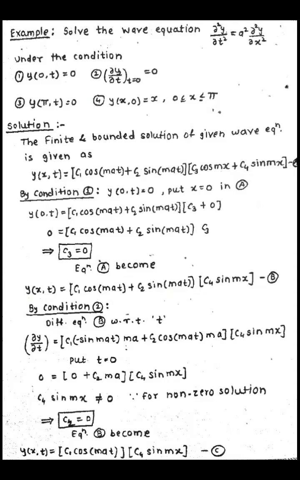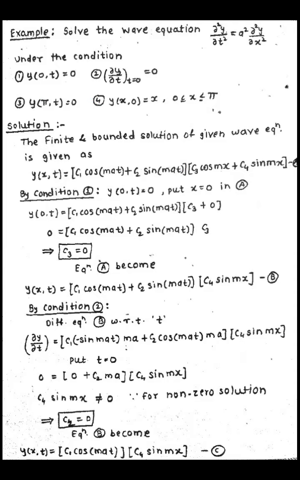So we obtain ∂y/∂t = [c1 (−sin mat)(ma) + c2 (cos mat)(ma)] into c4 sin mx. The derivative of cos is minus sine, and the derivative of mat is ma. The derivative of sin is cos, and again the derivative of mat is ma. The c4 sin mx is treated as constant here, so it is as it is.